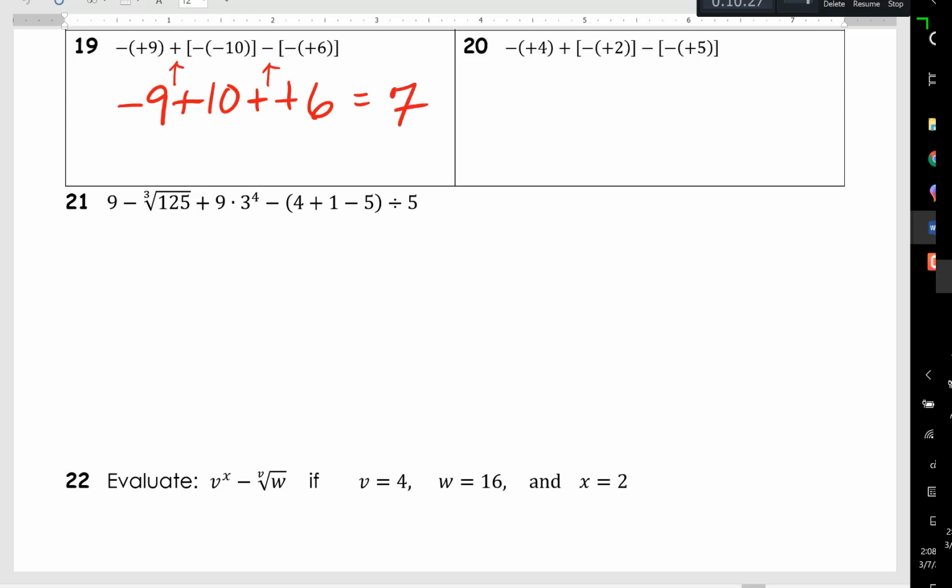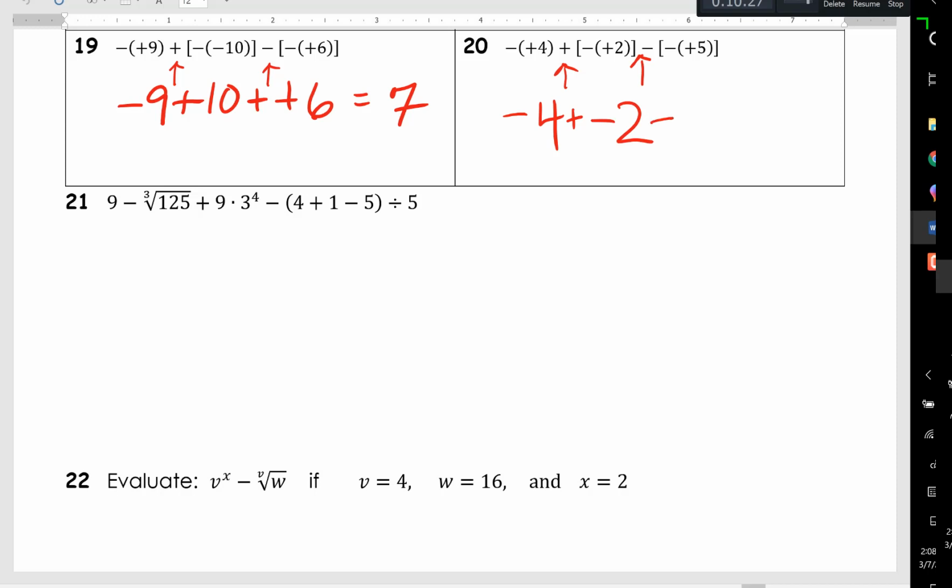Again, same kind of problem on number 20. Look at your first term. First of all, you're adding here and you're subtracting here. First term is negative, positive. You have one negative sign, that's odd, so it's a negative 4. Then you're adding. Then you have a negative, positive 2. You have one negative sign, so it's a negative number, so negative 2.